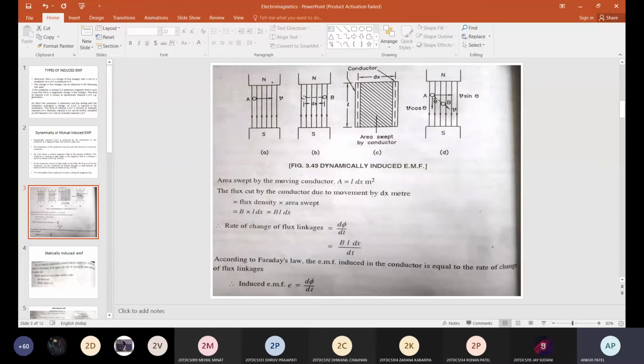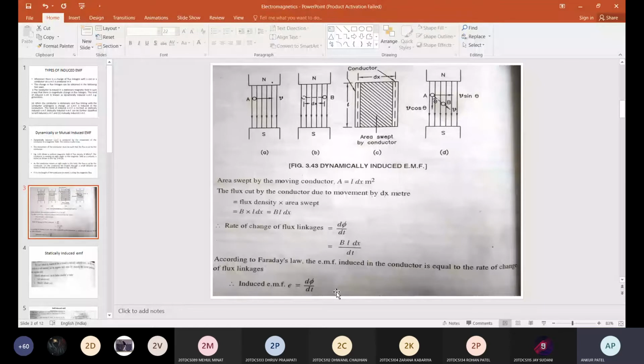So I am substituting here. We can write this dx by dt as v, so induced EMF is equal to BLV, as dx by dt is the velocity of the coil that travels the distance a to b. So dynamically induced EMF is given by E equal to BLV.